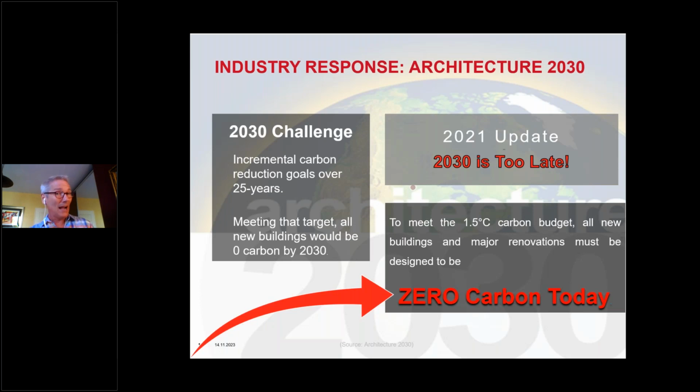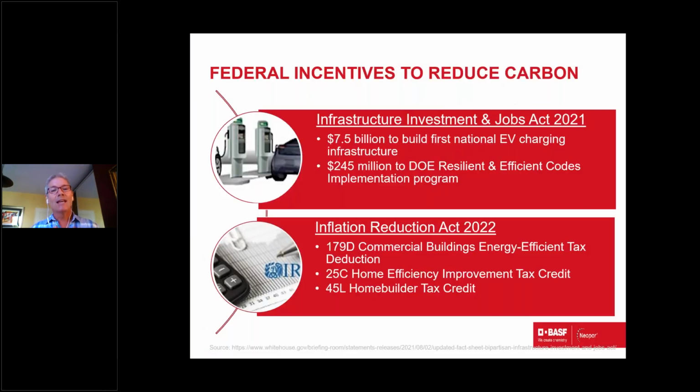Well, because of how fast things are going, everyone's beginning to think, well, maybe we don't have until 2030. Maybe we need to do it sooner. And the good news is all of the tools are here for us to be able to do it today. So zero carbon today, how would you work with something like that if it interested you in your projects?